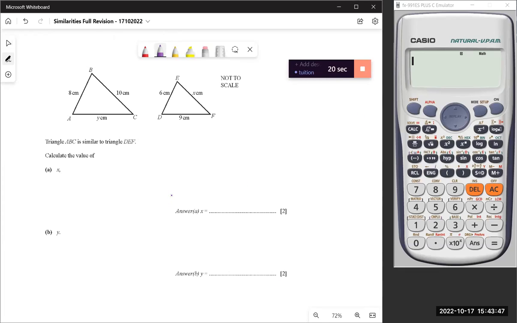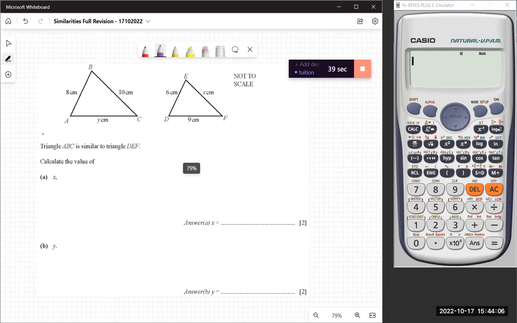If you have a problem with the question, you can do it with me on the board. Sir, can I do it with you on the board? Yes, you can. Read the question, Safa. Triangle ABC is similar to triangle DEF.